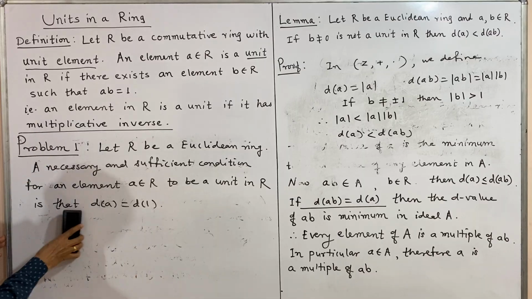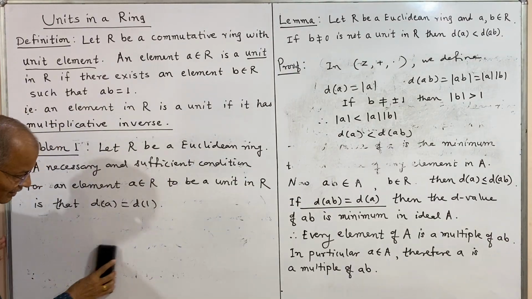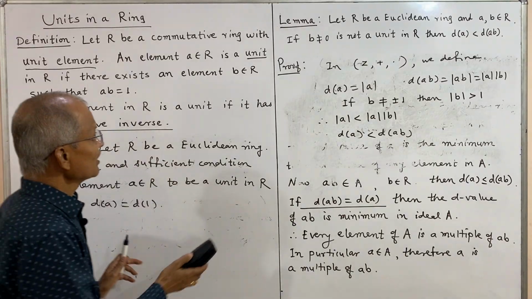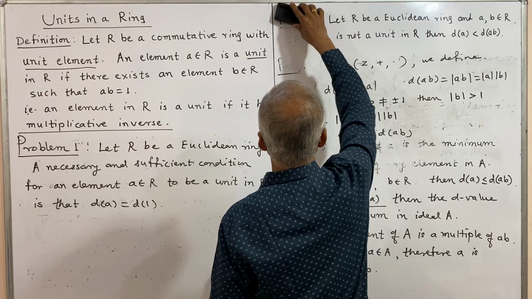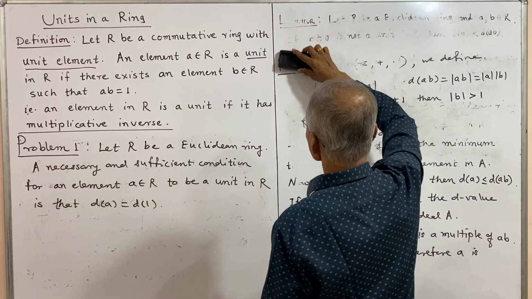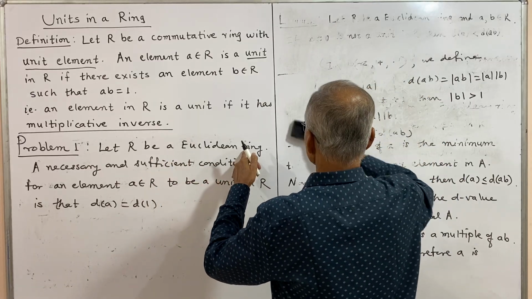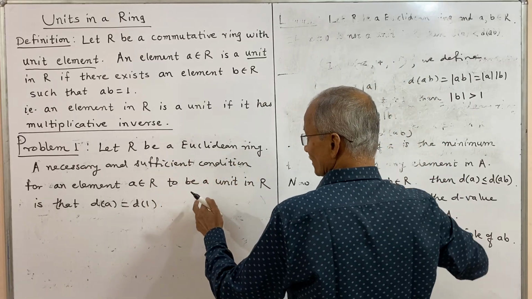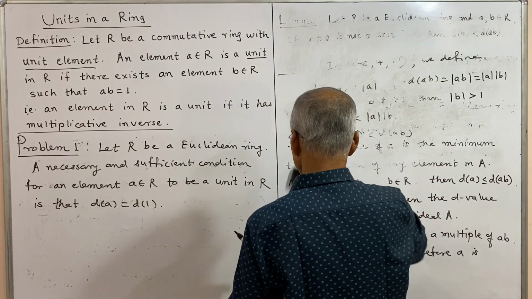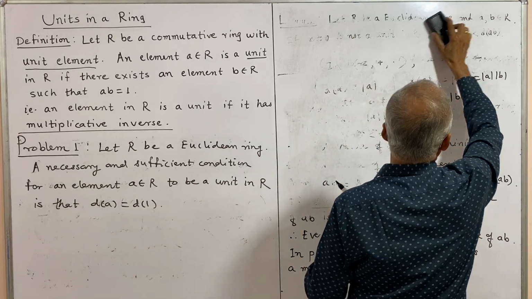A is a unit if and only if d value of A is equal to d value of 1. That is the meaning of this problem. And now we shall prove it. There are two parts. First, we suppose R is a Euclidean ring and A is a unit in R, then we shall show d value of A is equal to d value of 1.